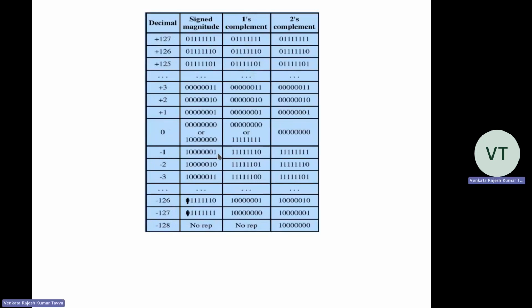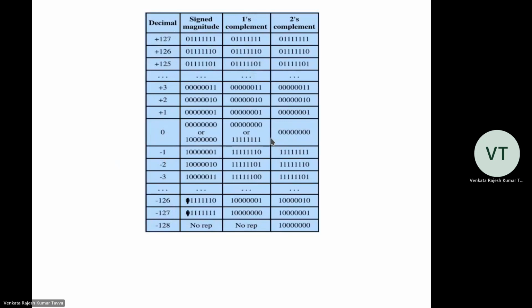Minus 1 is represented in one way in sign magnitude: you take plus 1 and flip the sign bit from 0 to 1, and you get minus 1. Minus 1 is represented in a different way in 1's complement, by flipping the bits of plus 1. In 2's complement, it is represented in yet another way: flip the bits of plus 1 and add 1 to it. So there are different representations for negative numbers.